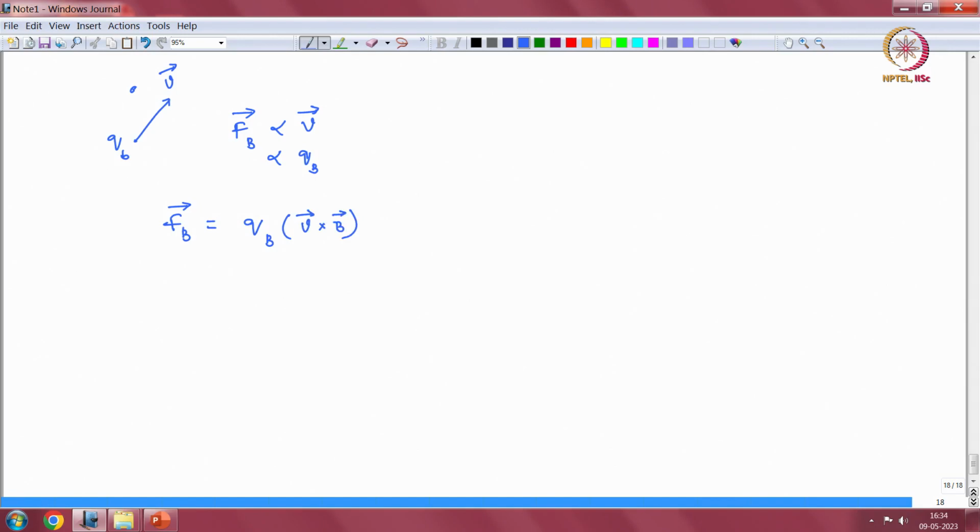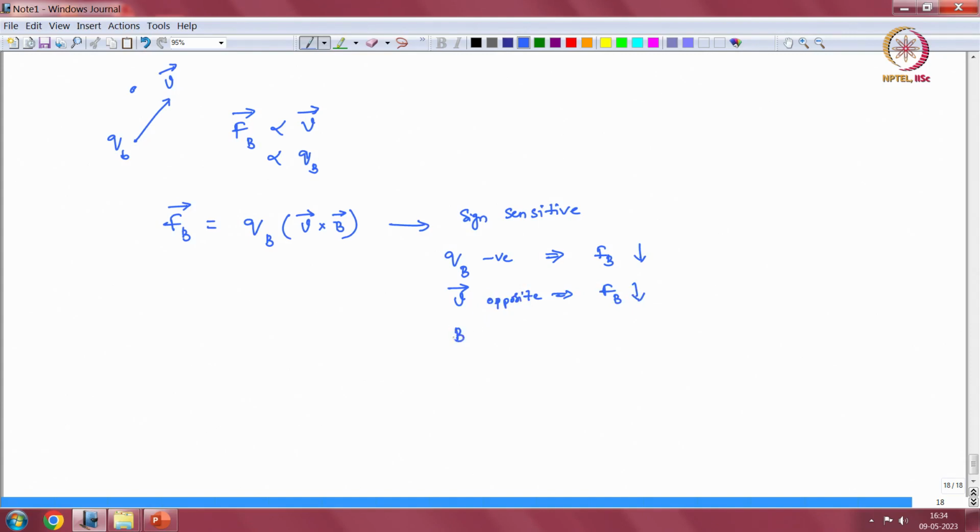Okay. So, this equation is again sign sensitive. Okay. If charge is negative, then automatically force is in the reverse direction, right? And if v is opposite, if charges are moving in an opposite direction, again force will be in an opposite direction.